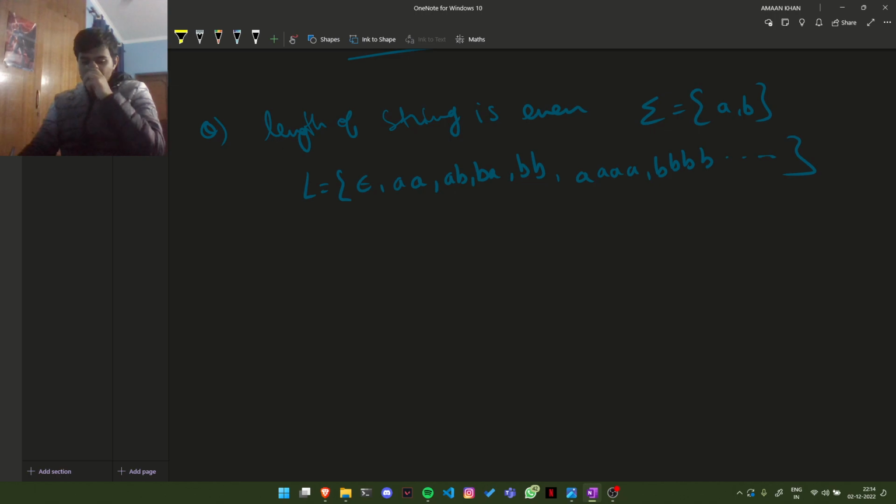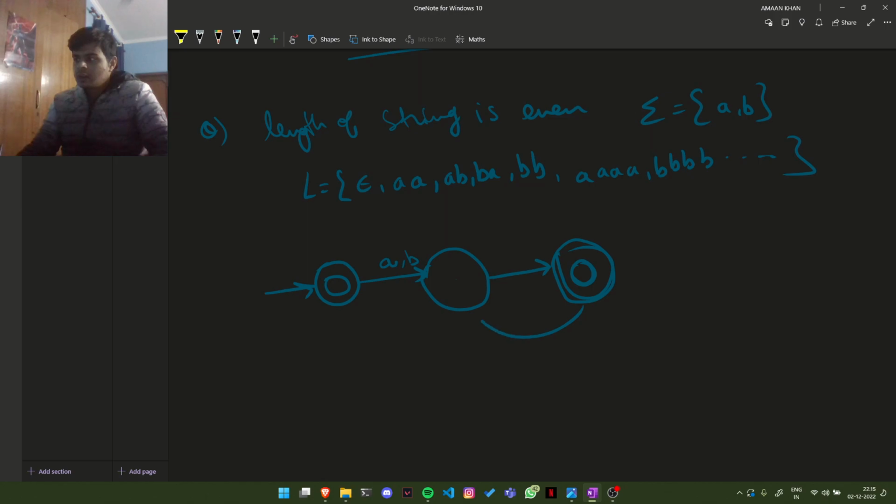All right. Let's design the automata for it. One possible solution could be something like this: since epsilon is there, I can have this state, then a, b going to another state, and then another state, and this could be my final state, and then I could go back.